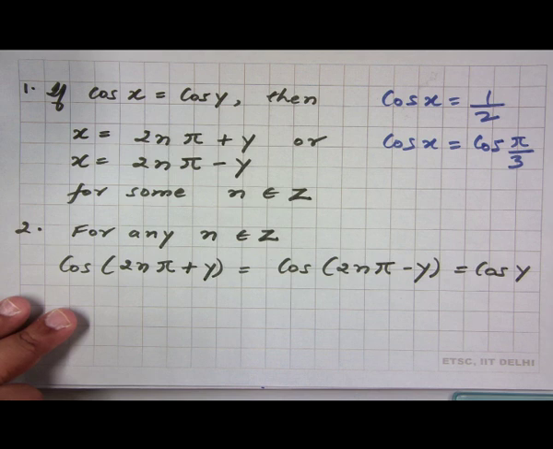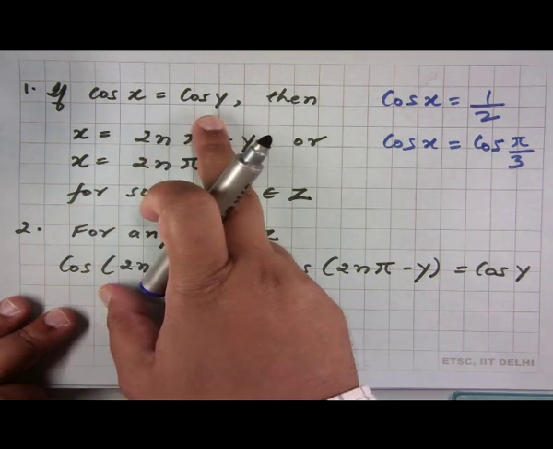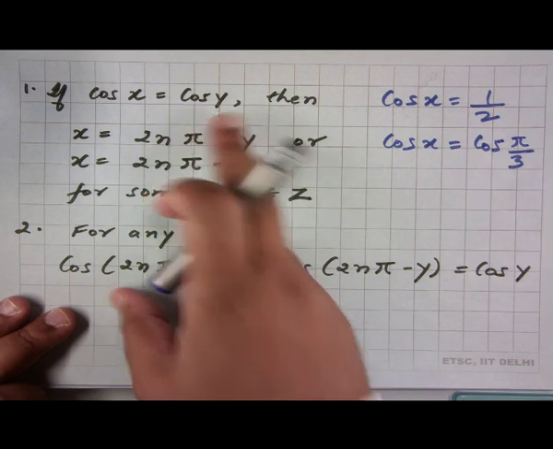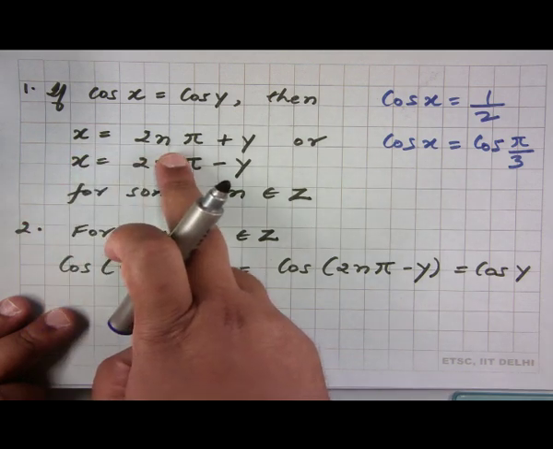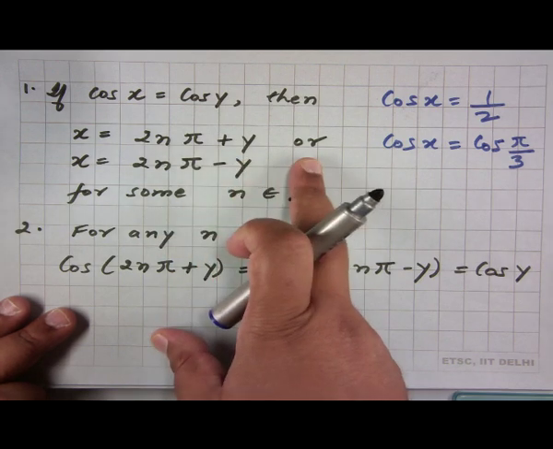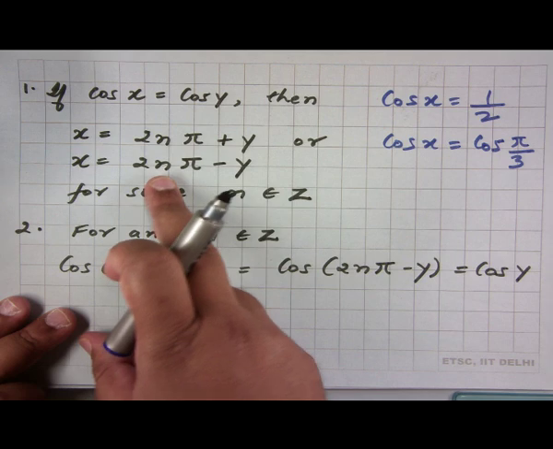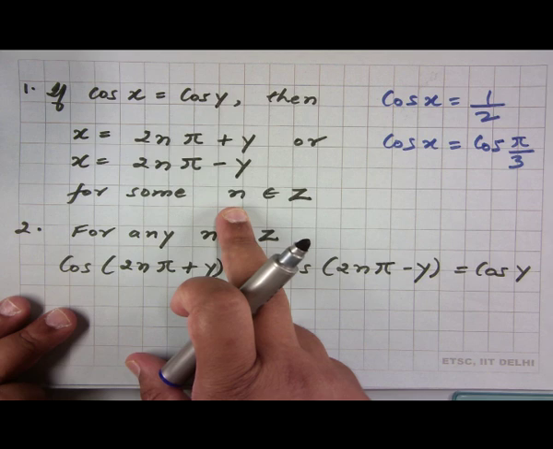So, we will first show that if cos x is equal to cos y, then it must be true that x is either equal to 2n pi plus y or x is equal to 2n pi minus y for some integer n.